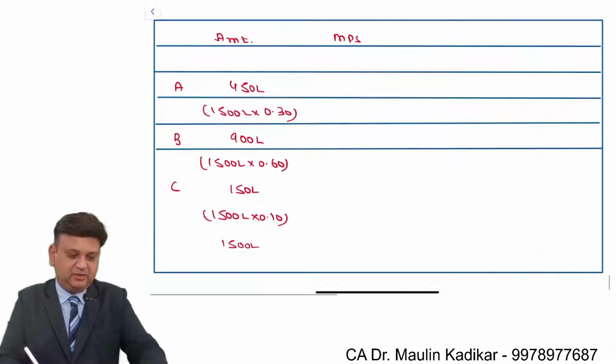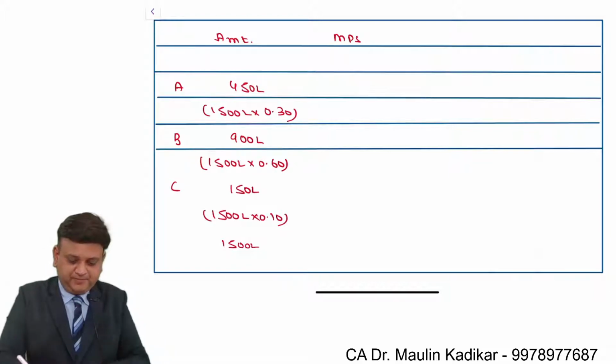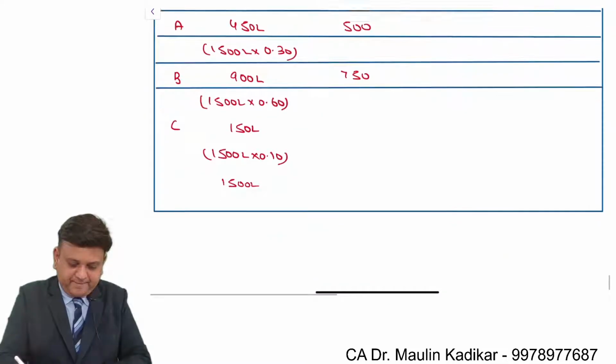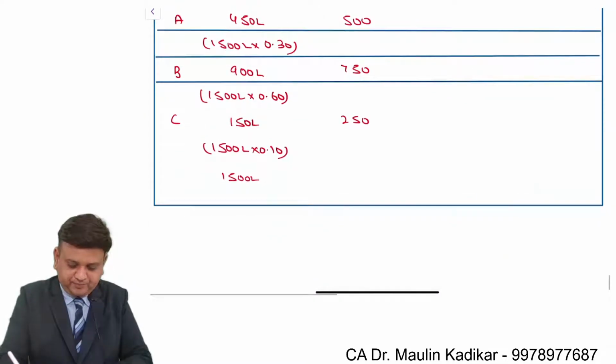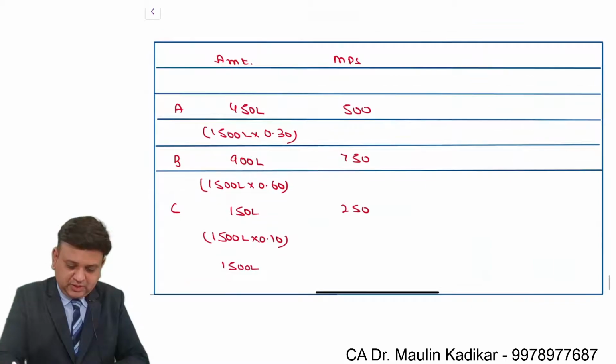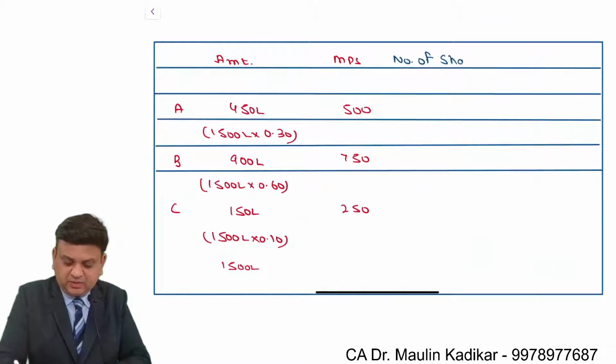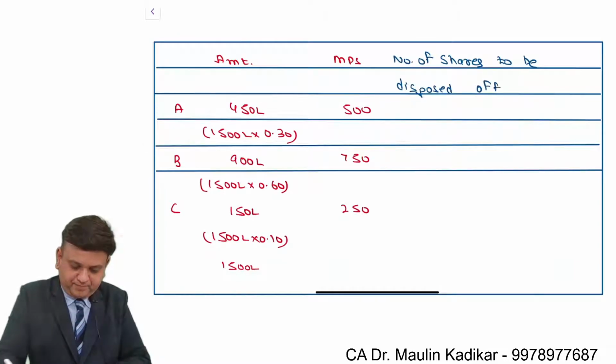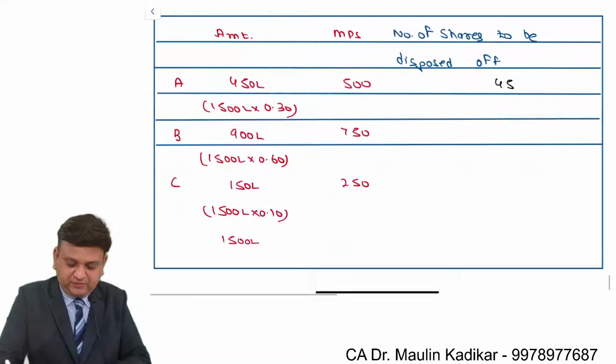Market price of the share that is already provided to us. It is 500, 750 and 250. So we can compute the number of shares to be disposed of. क्योंकि क्वेश्चन में क्या पूछा है, what is the number of shares to be disposed of? So it will be calculated as 450 lakhs divided by 500.